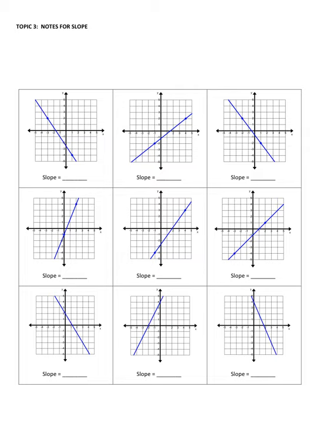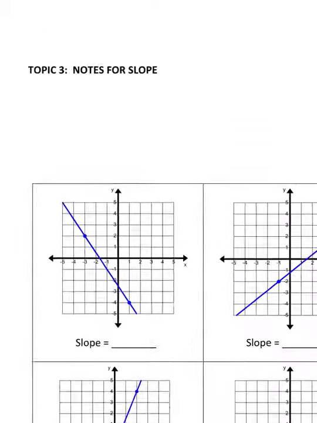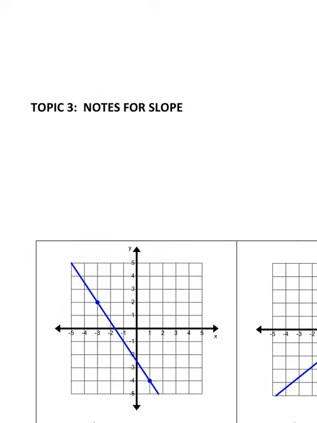Slope is denoted by the letter M. So I'm going to write up here at the top part. Let's take a little bit of notes on slope. So slope here, we denote in math with the letter M. Not sure why it's an M, but that is the letter that represents slope.